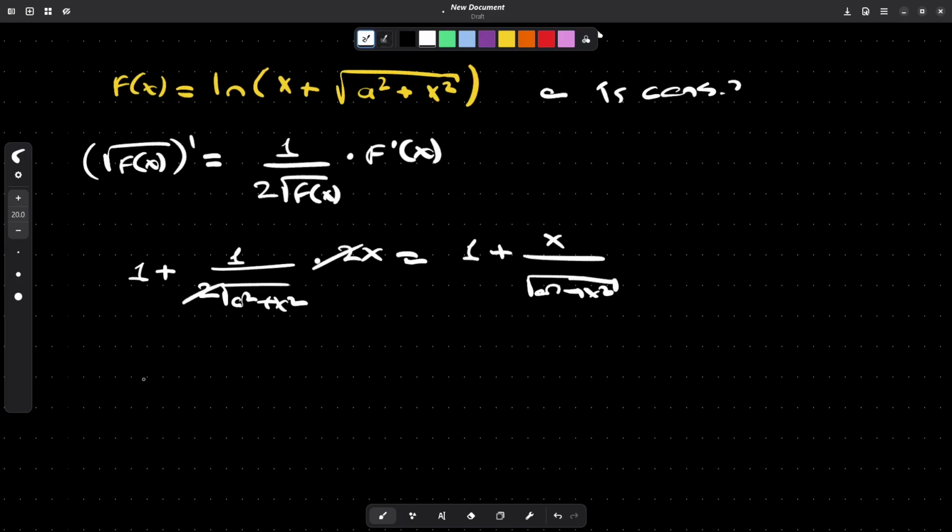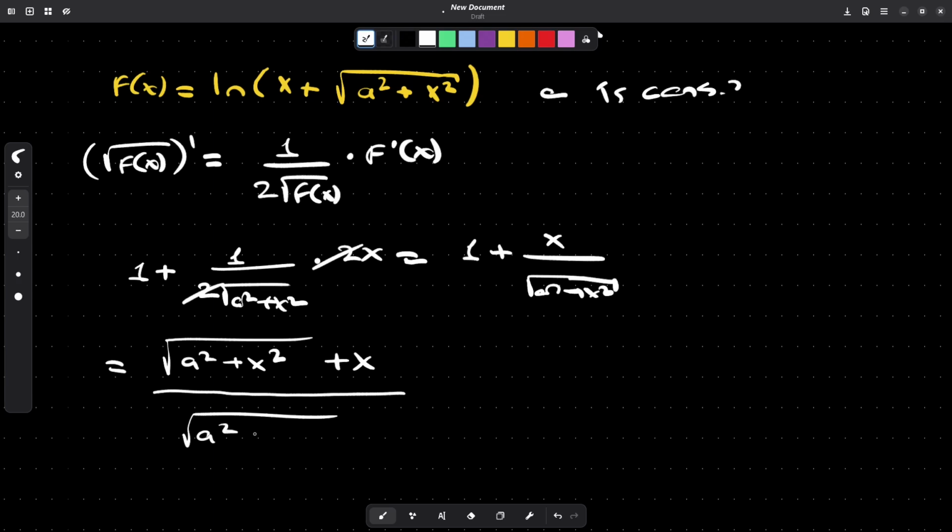I want to make things easier for me. I will write this as root a squared plus x squared, under the root of course, plus x over root a squared plus x squared. Now I need to divide this by the inside of ln.